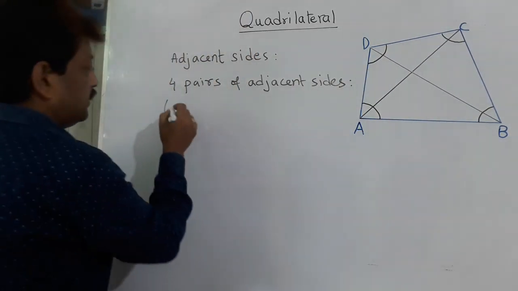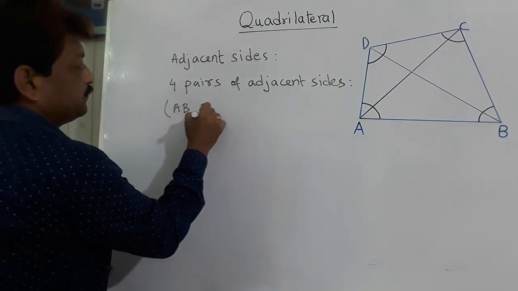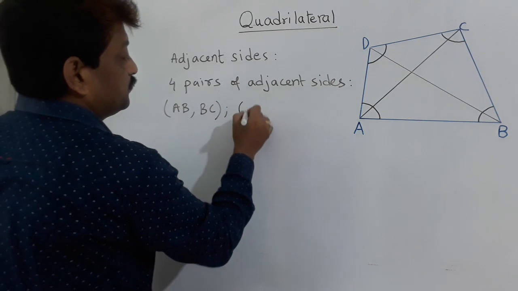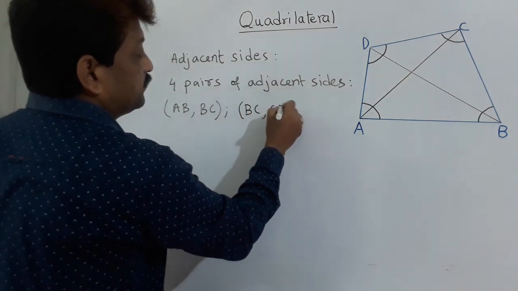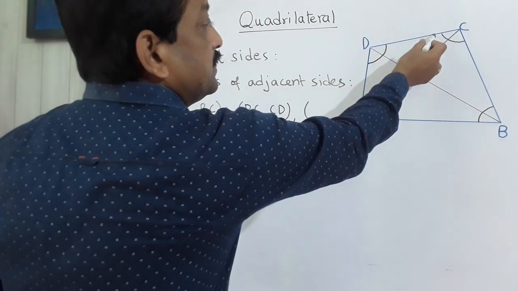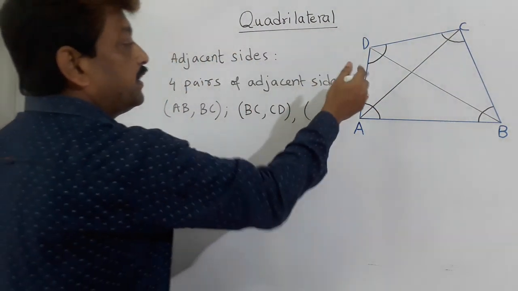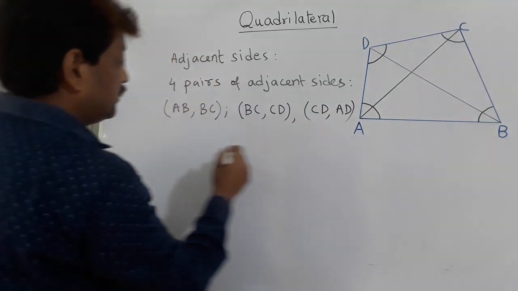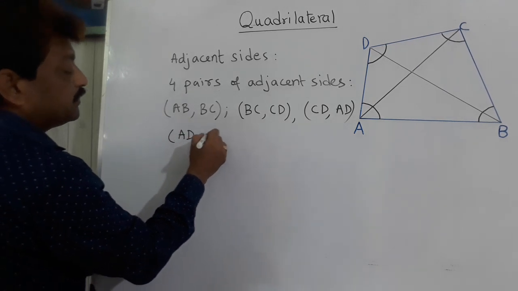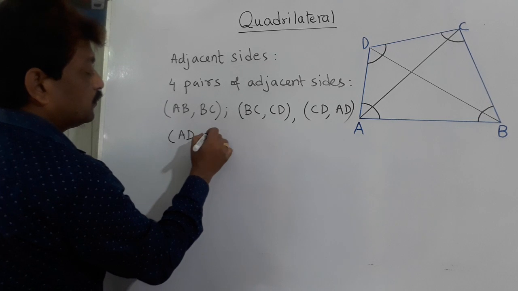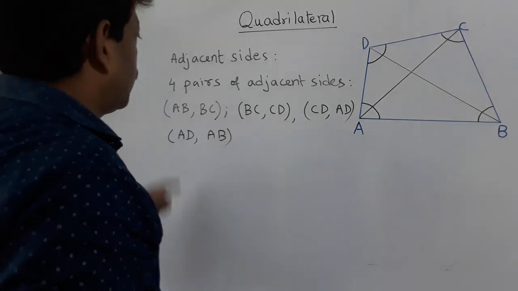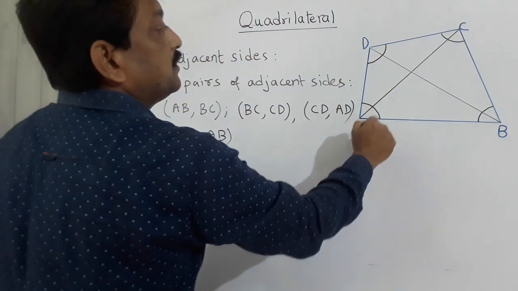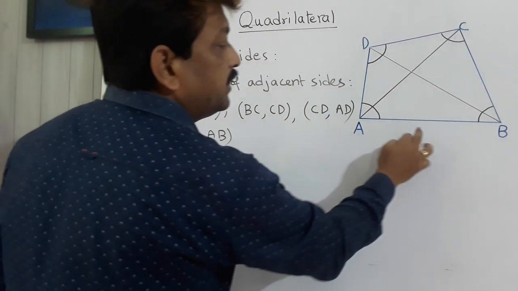AB and BC, then BC and CD, after that CD and AD, and finally AD and AB. So there are four pairs of adjacent sides: AB and BC, BC and CD, CD and AD, AD and AB.